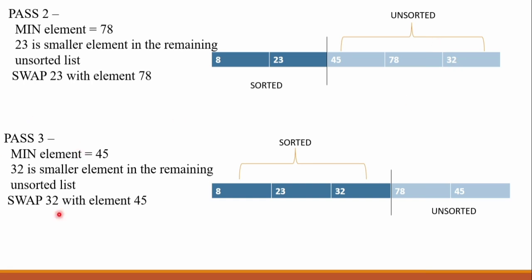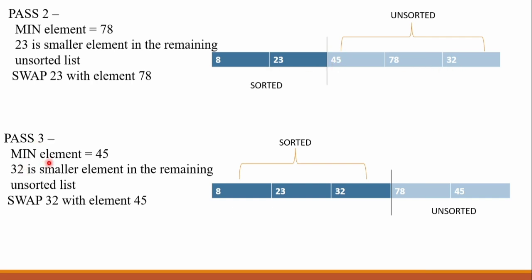Okay. Now next step is what? Pass 3. That is, now set the min location at the location number 2. This was location 1. This was 0. This was 1 and this is 2. Now the min element at the location 2 is, see over here, in the previous list, min element is 45 and check for the smaller element in the remaining unsorted list.